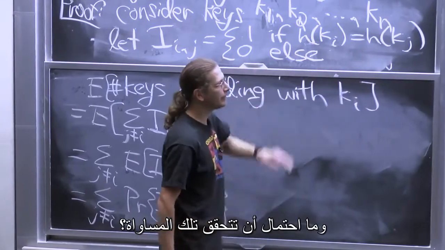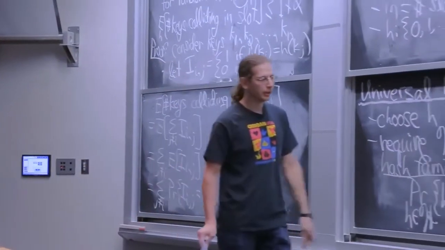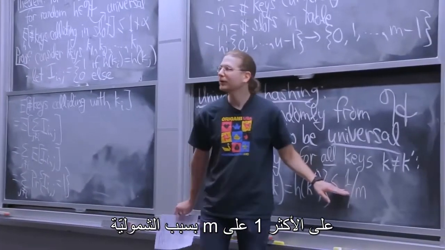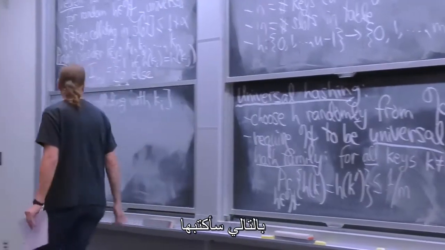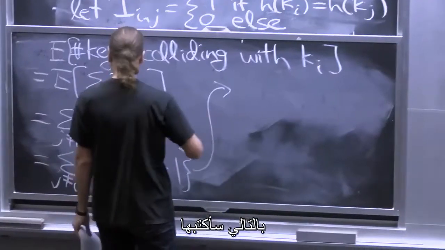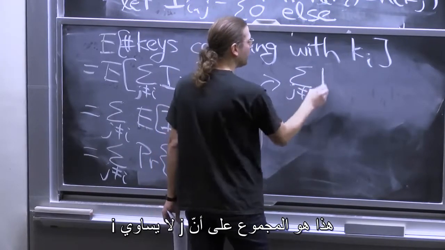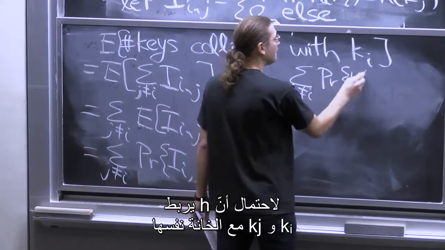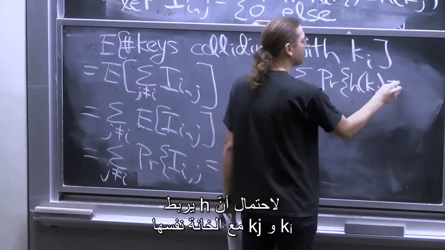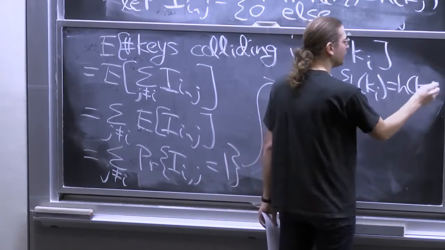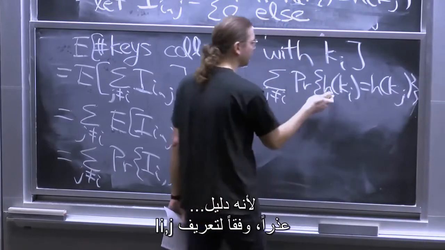And the probability that Iij equals 1, well, that's the probability that this happens. And what's the probability that that happens? At most 1 over m by universality. So I'll write it out. This is sum j not equal to i, probability that h maps Ki and Kj to the same slot. So that's because it's an indicator.